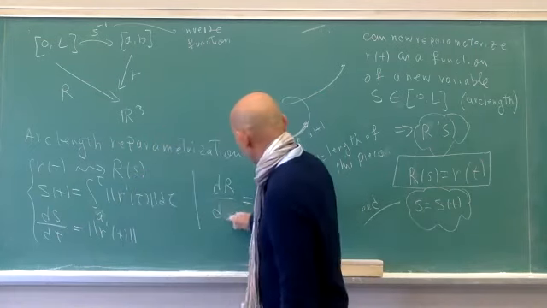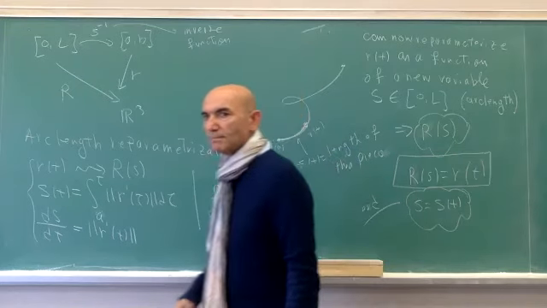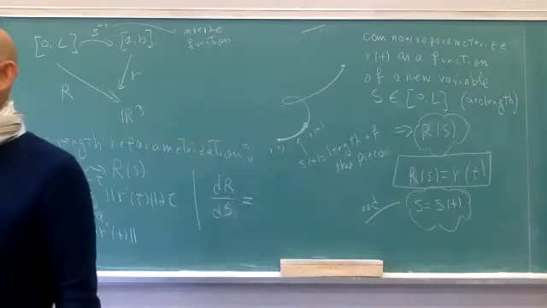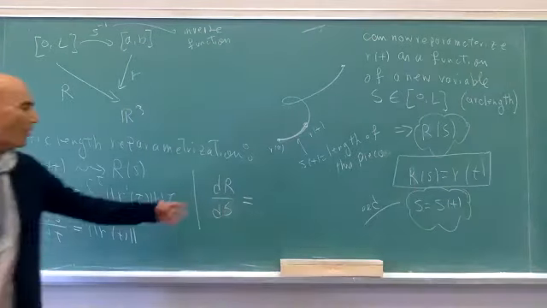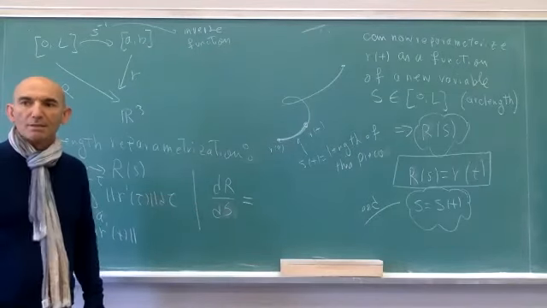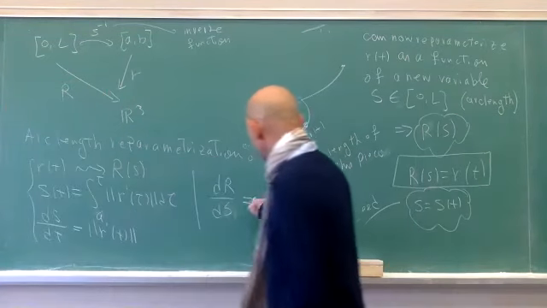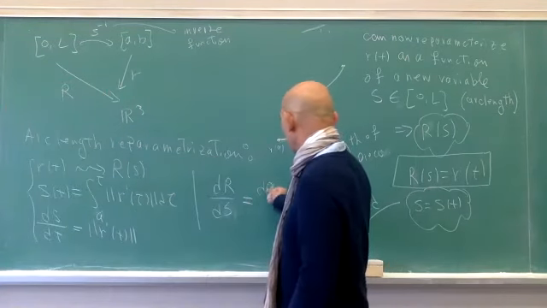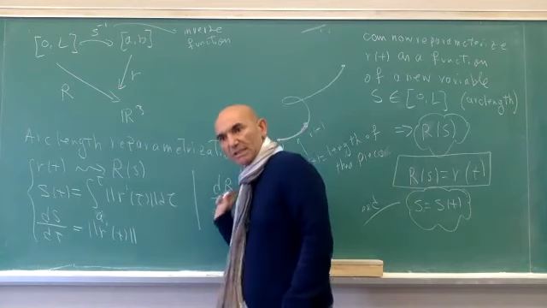Oh, no, capital S. What is the differential of r with respect to s? Should it be like dr over dt? Yes, exactly. So we start from there. We just write dr dt. Then we use the chain rule, dt ds.